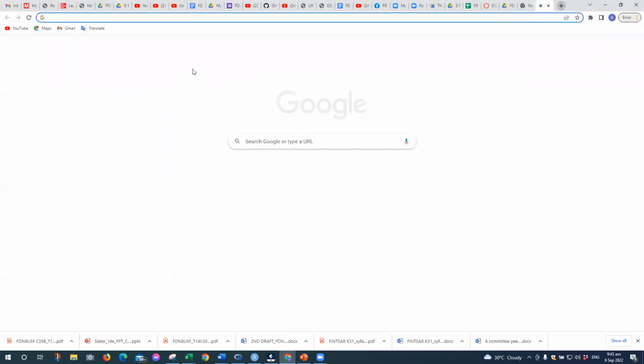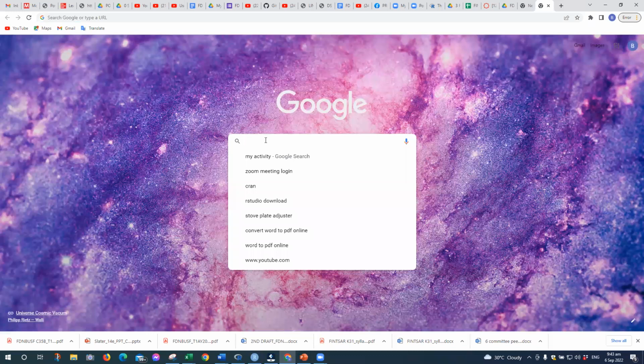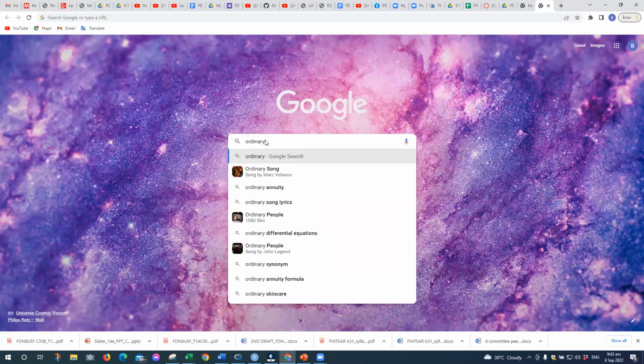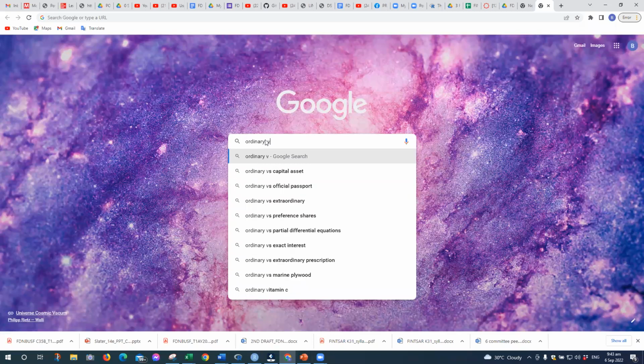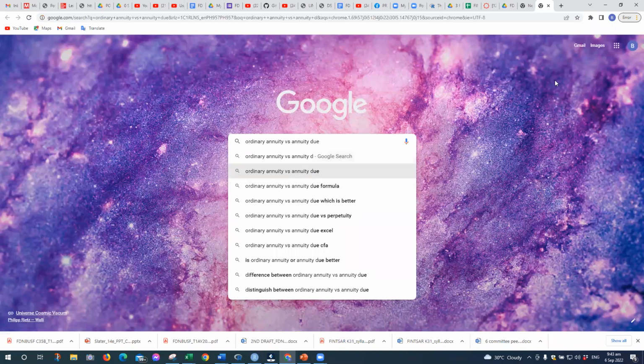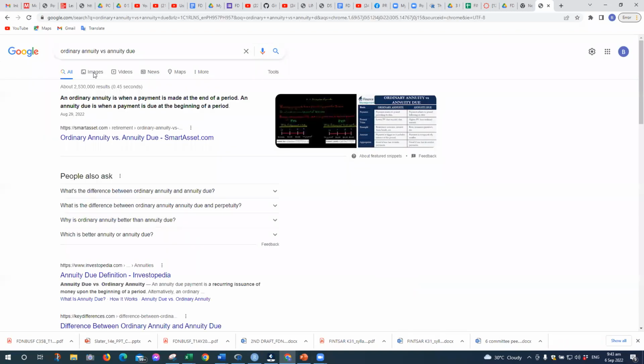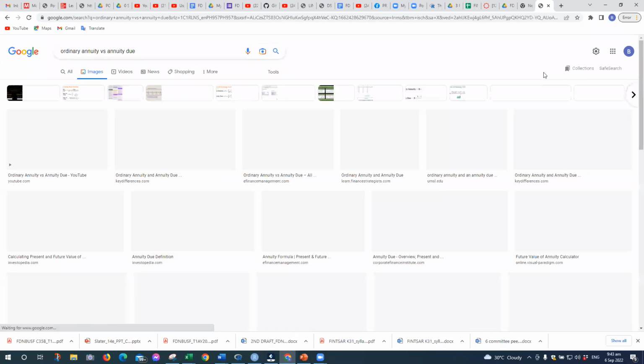So let's just Google this, ordinary versus annuity due. It's a lot easier to search on the net and show the images. Okay, let's look at images.